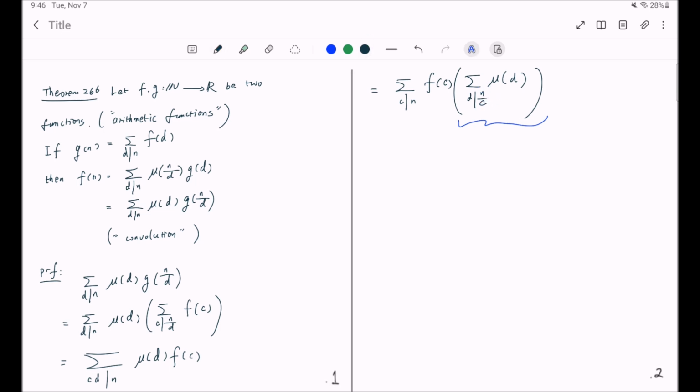Therefore, the only term that survives here is the term when c is equal to n, in which case you get just f of n. And hope this makes sense.